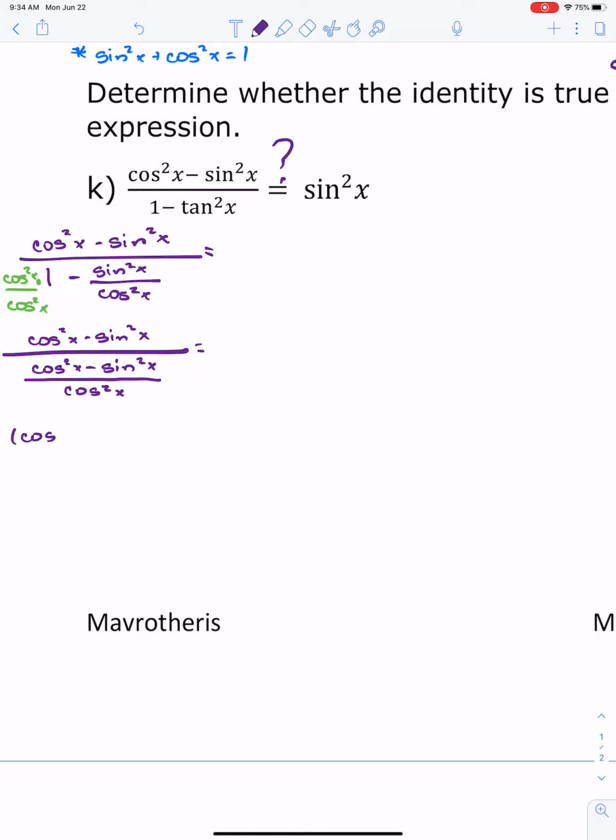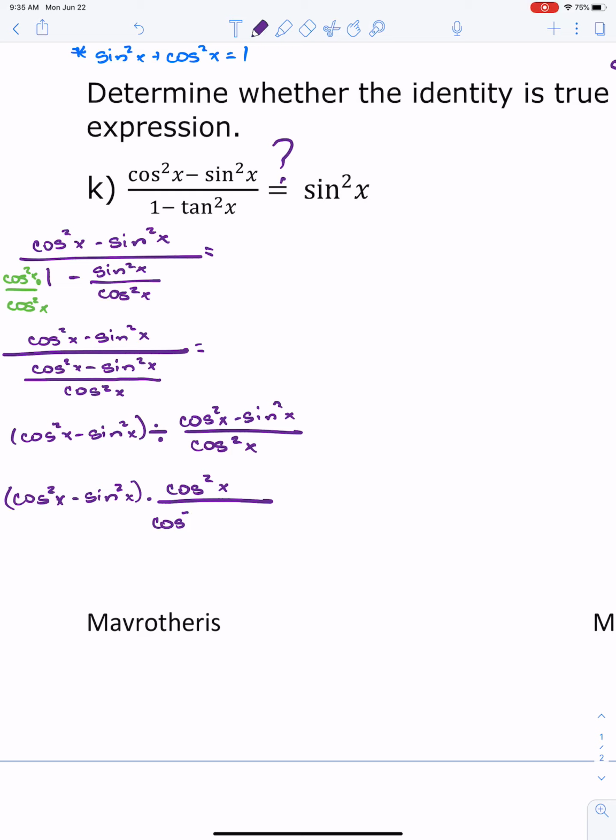So let's write this out. Cosine squared x minus sine squared x. I want to divide that by cosine squared x minus sine squared x all over cosine squared x, which means I can invert and multiply. So cosine squared x minus sine squared x times cosine squared x all over cosine squared x minus sine squared x.